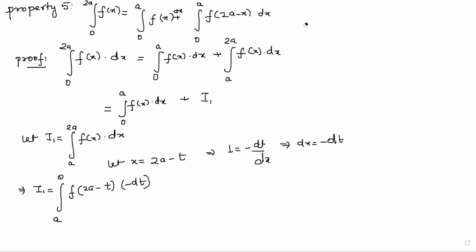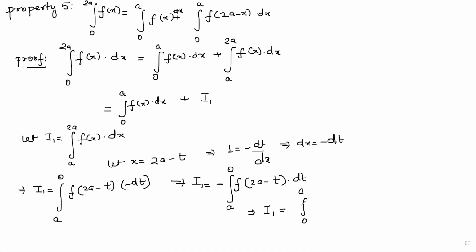So finally, we will get this one, that I1 is equal to, this is negative, यहाँ negative put कर देते हैं, integral a to 0 f(2a minus t) dt. अच्छा अब हम अगर limits को interchange करते हैं, then we will get 0 to a, when negative sign आएगा which will make this positive. है ना, हमने previously किया था, whenever we will interchange the limits, then we will get a negative sign.